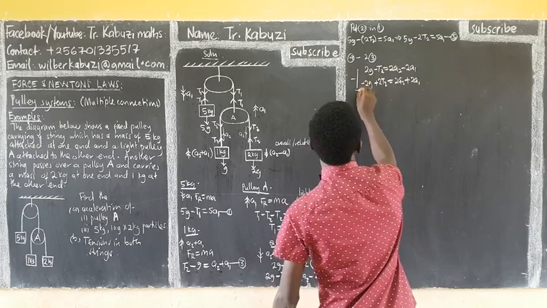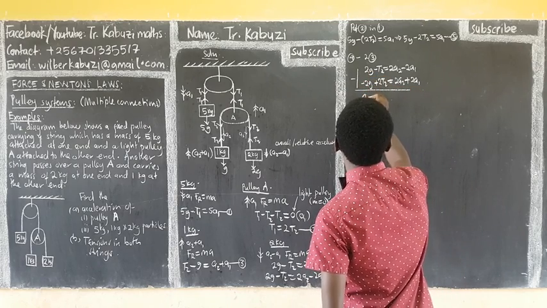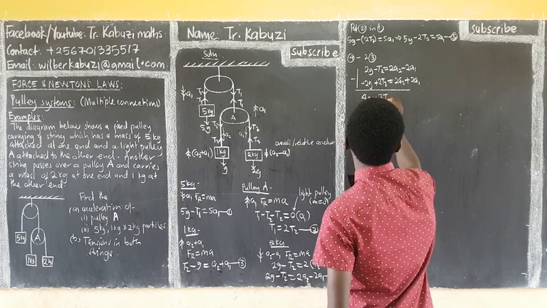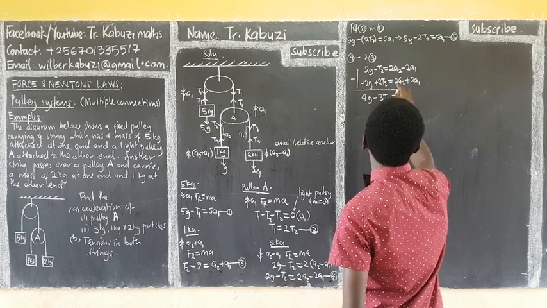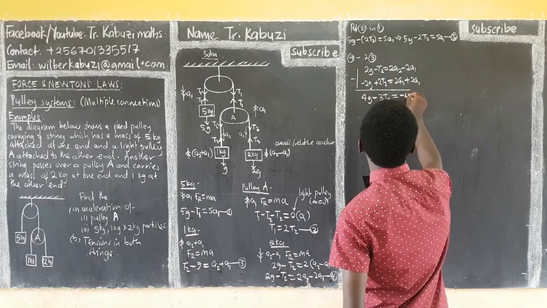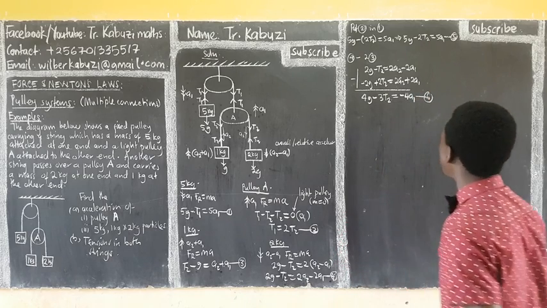Then we subtract this. When I subtract, this will give me 4g minus 4T2... equaling to negative 4a1. I call this equation 6.